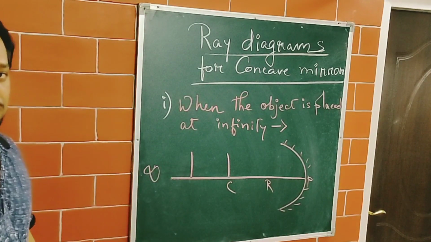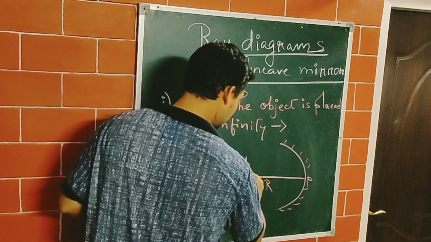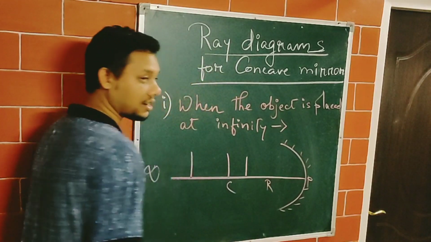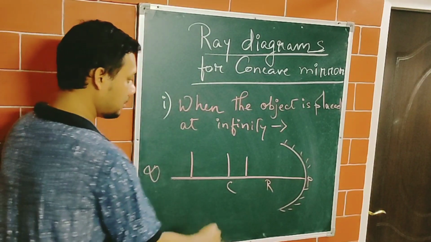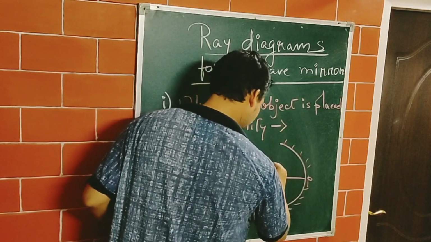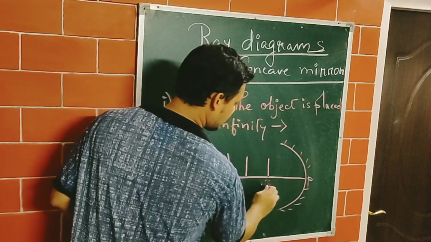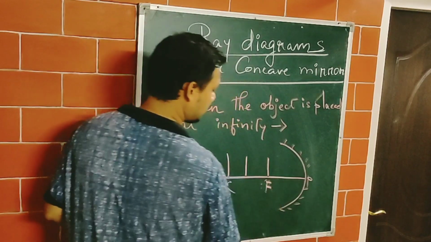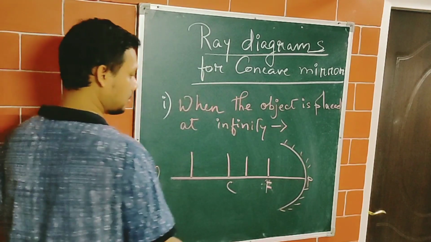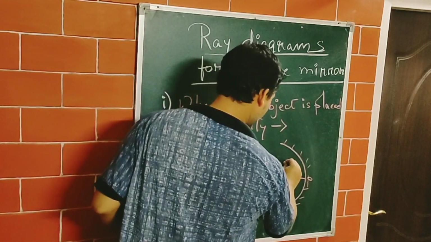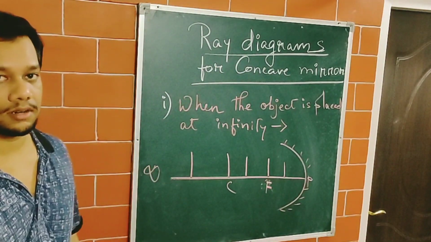Fourth position is that we can place the object between C and F. Fifth position is that we can place the object exactly at the focus. Next position is that we can place the object between focus and pole. This is the sixth position.